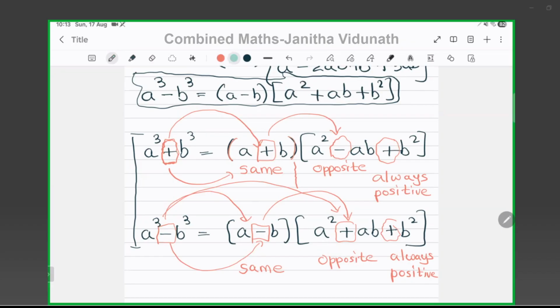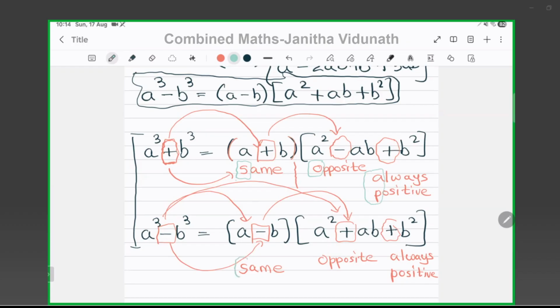Then simply we can memorize this as, here we get the letter S for the same sign and O for opposite, to represent the opposite. And we get A and P letters to represent always positive.